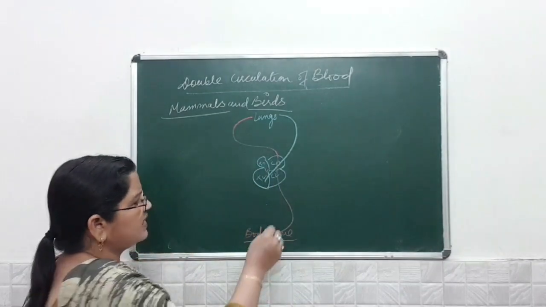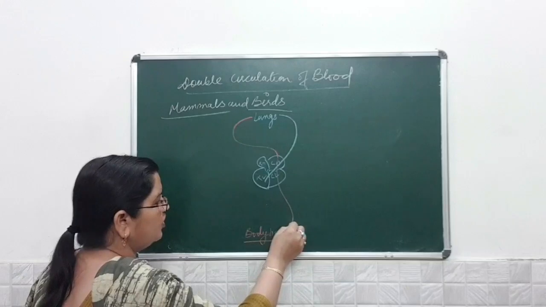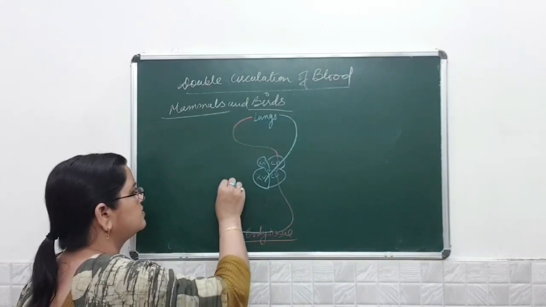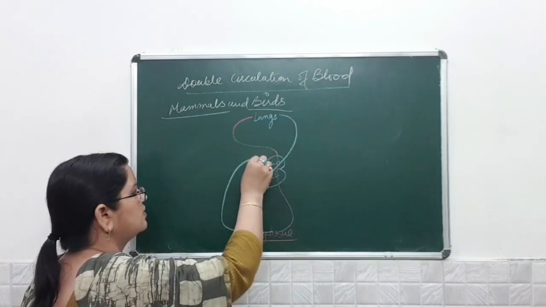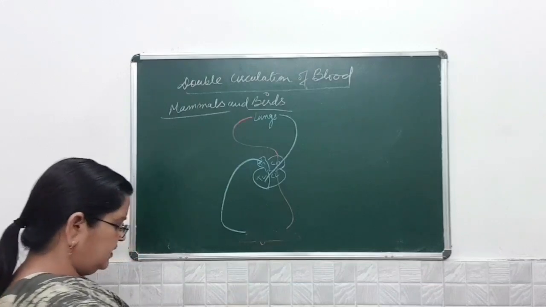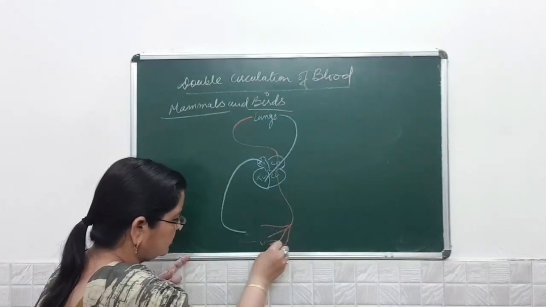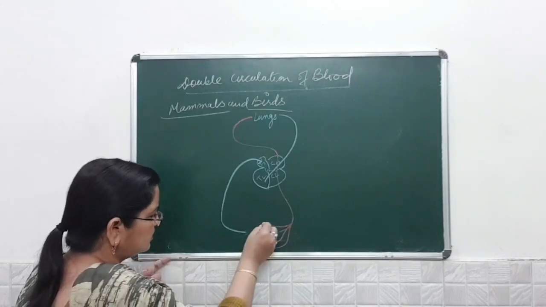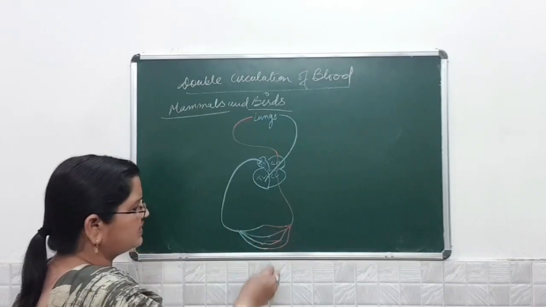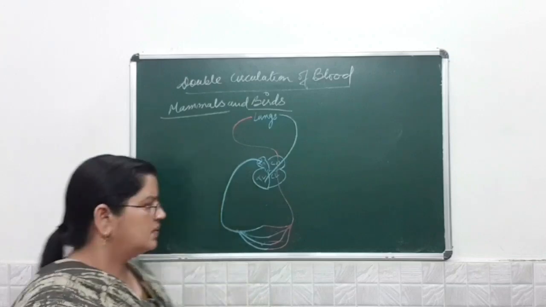Exchange of gases takes place. CO2 and deoxygenated blood. Exchange of gases takes place inside the body tissue.